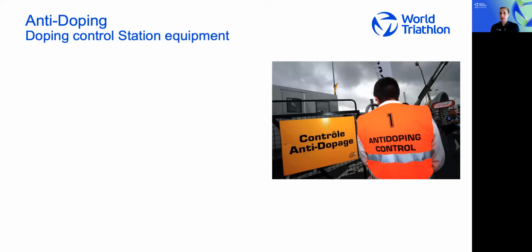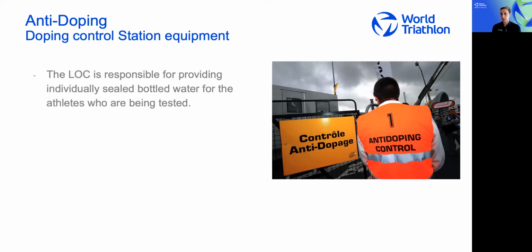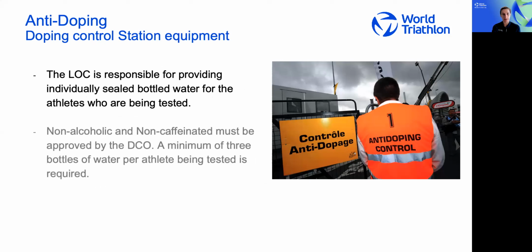Regarding the equipment that we should have at the doping control station, first of all, the LOC is responsible for providing sealed bottled water for the athletes who will be tested. Any other beverages provided to the athletes should be non-alcoholic and non-caffeinated, and they should be approved by the doping control officer.